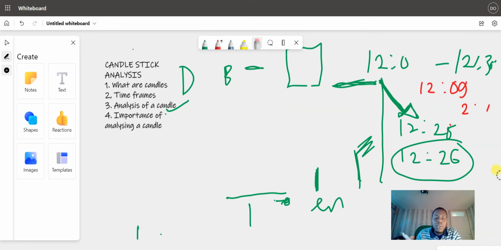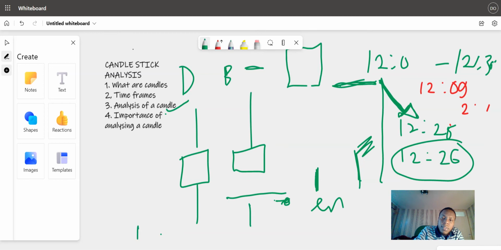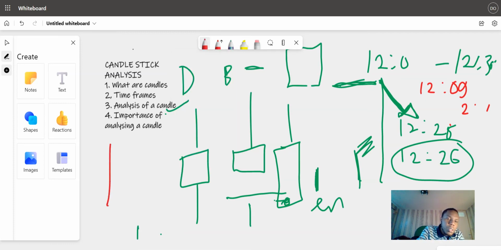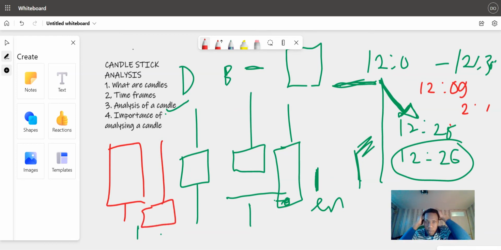So when you see a candle like this, for instance, or a candle like this, for instance, let me pick the red color so we have different examples. Okay, so when you see a candle like this, now I'll explain my point.